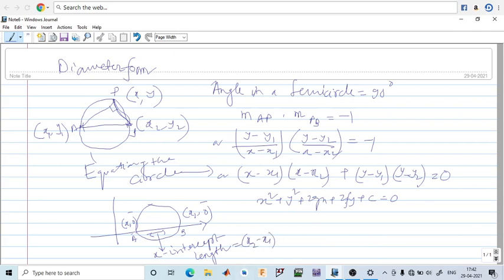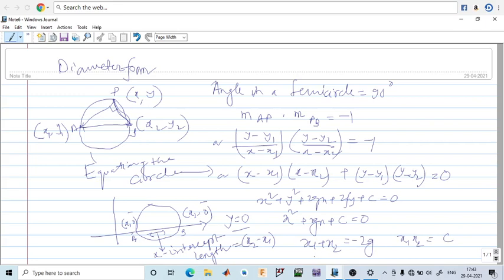So whenever y equals 0, the equation transforms like this, a quadratic equation. If the quadratic equation has roots x1 and x2, then the sum of the roots is always minus b by a, and the product is c by a.